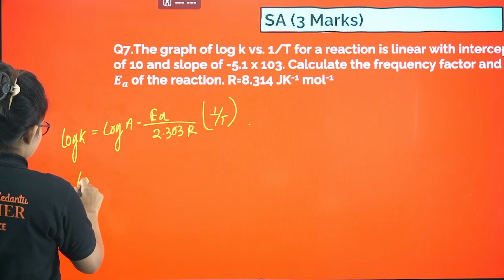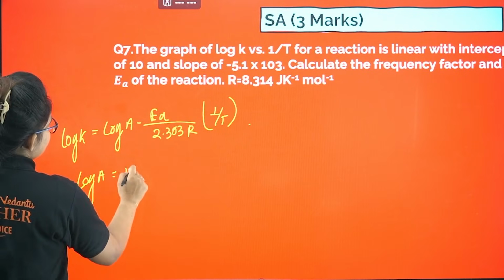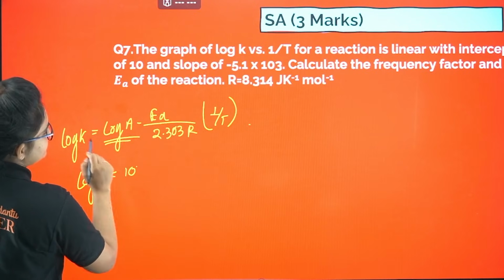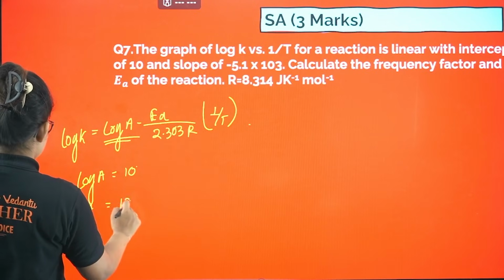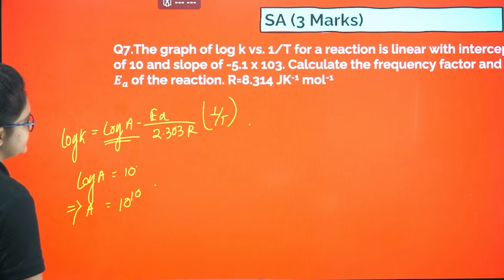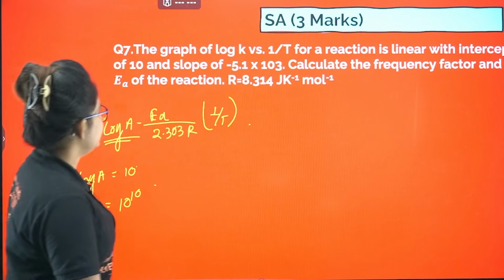So from here what they are asking, log A is given as 10. Log A is the intercept. Okay, it is given as 10. From here if I find out A, that is going to be 10 power 10. That's it.